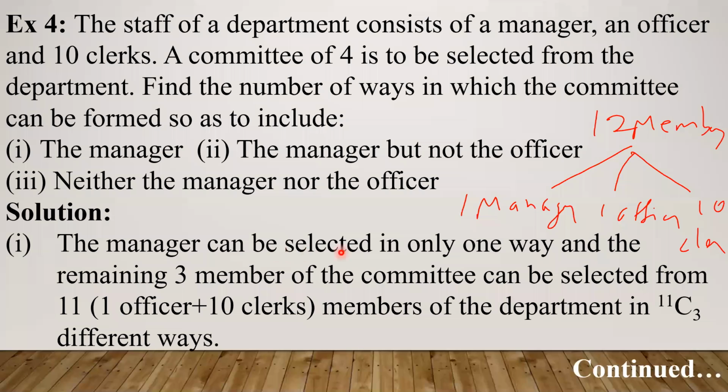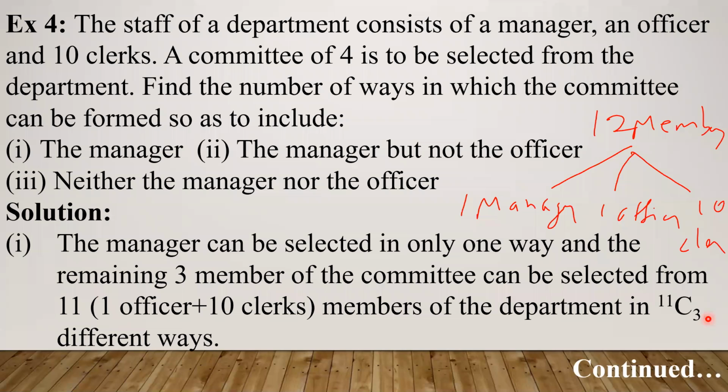So the manager can be selected in only one way, and the remaining 3 members of the committee can be selected from 11 members of the department. Which 11? One officer and 10 clerks. So the remaining 3 members can be selected from these 11 members, which can be done in 11C3 different ways.